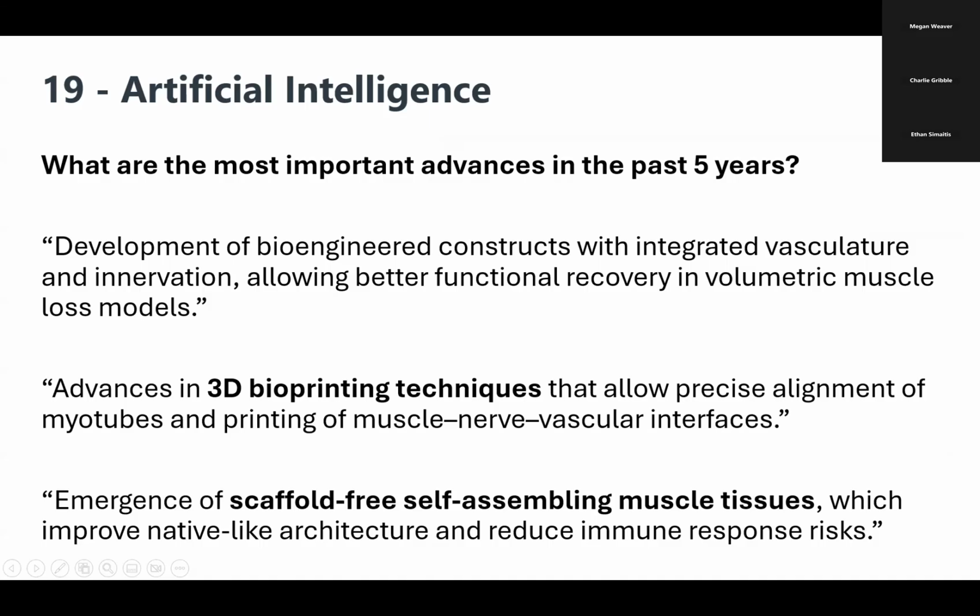And there were a few other mentions of things like human-induced pluripotent stem cells and mechanical and electrical stimulation protocols that were less frequently cited but still discussed. And most of these sources were from Nature Biomedical Engineering, Biofabrication, and recent reviews in Acta Biomaterialia.